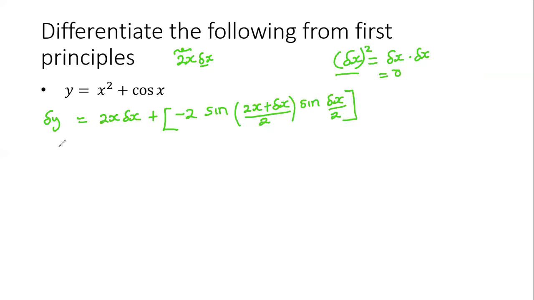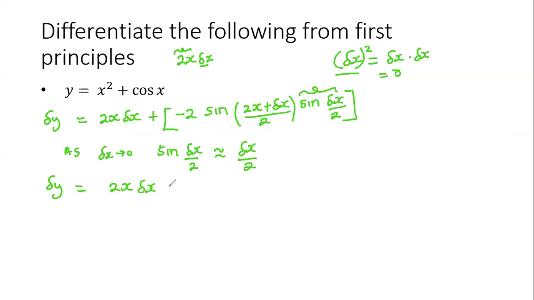Okay, so we are going to continue. So still here, we know that as our delta x tends to 0, we have already told you that sine delta x out of 2 is approximately equal to delta x out of 2. So where there is sine, we shall put this. So that means I have delta y equals 2x delta x, minus 2 sine of 2x plus delta x out of 2, times delta x out of 2.